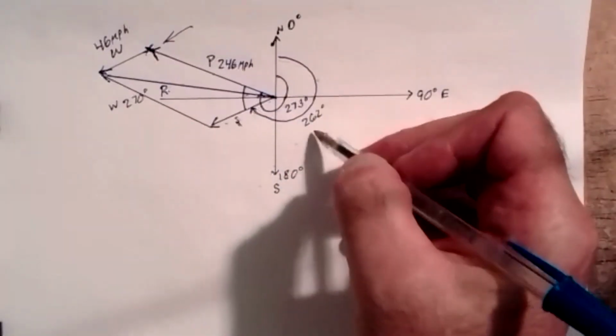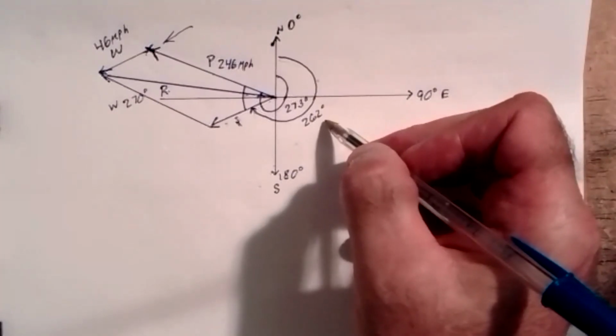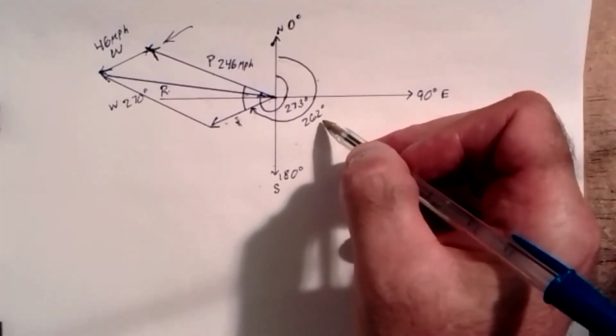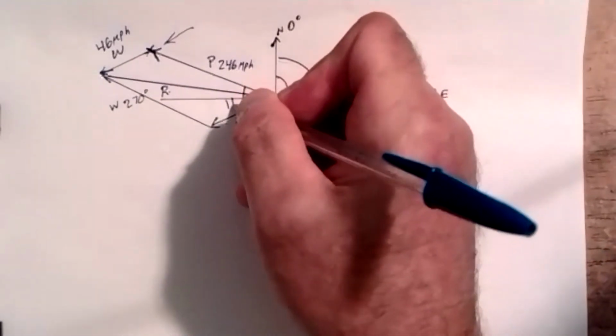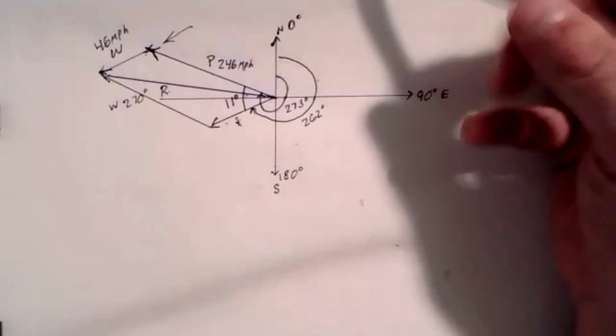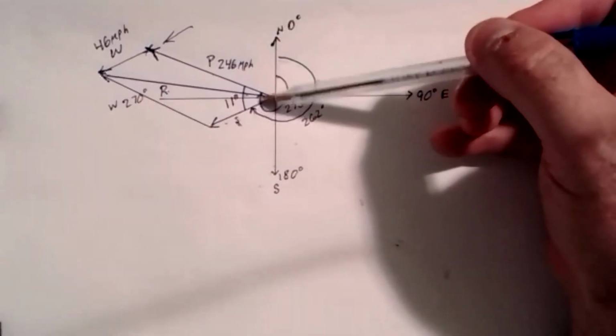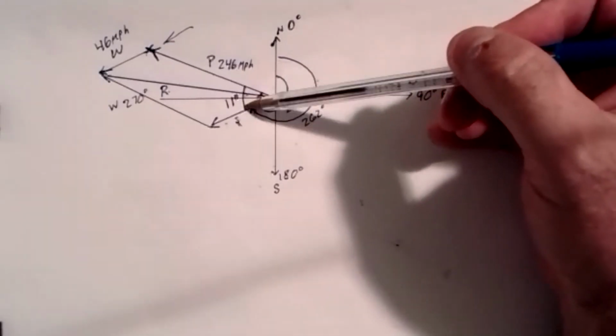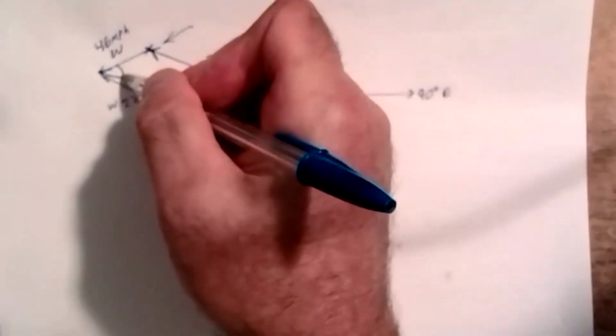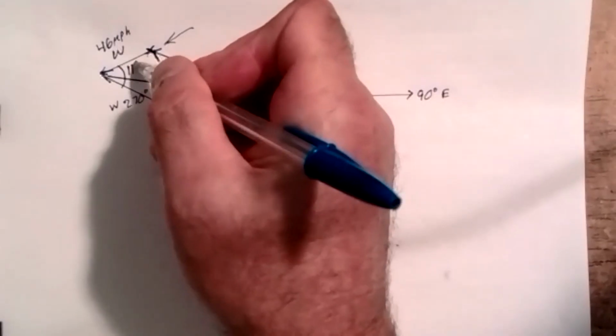And 273 degrees minus 262 degrees is 11 degrees. Did I get that correct? 273 minus 262 is 11 degrees, correct? Well, that must be this angle of our parallelogram over here, 11 degrees.